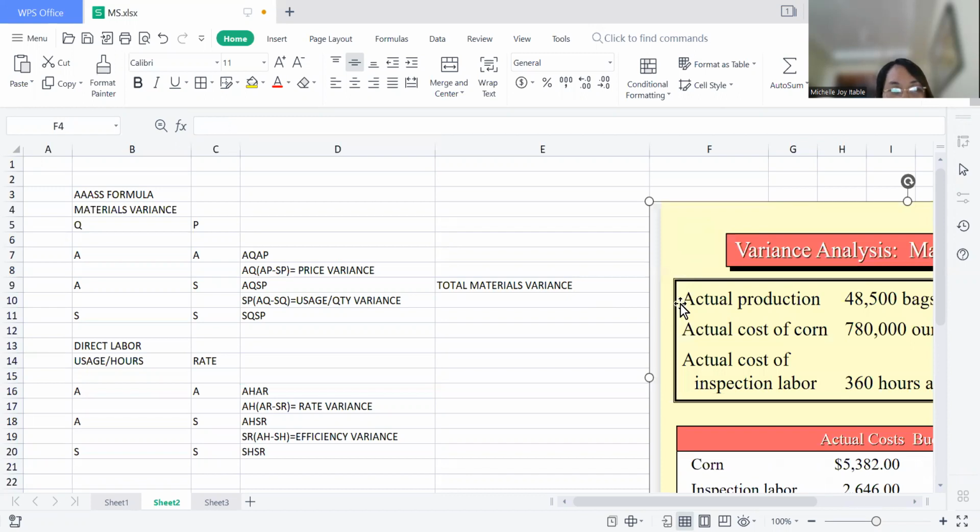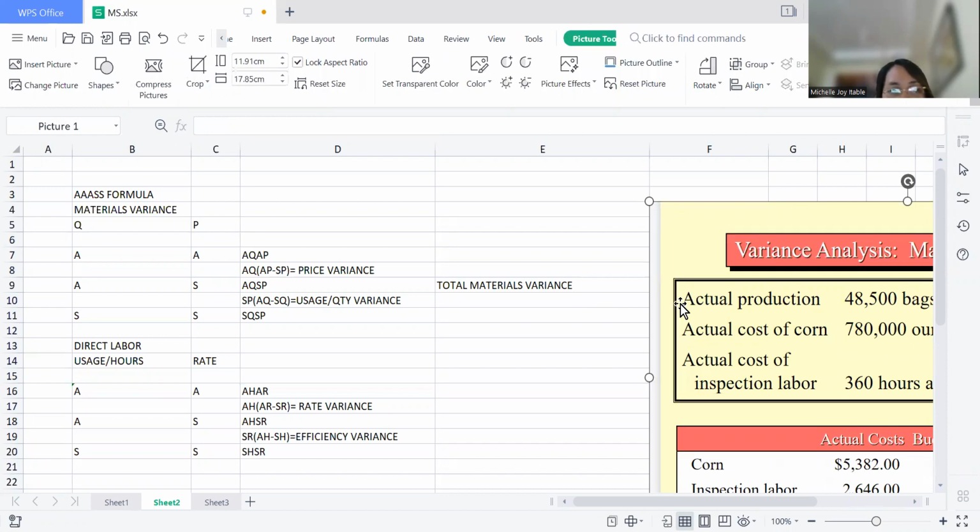Okay, so I will also take a screenshot of the standard cost sheet for the materials and for the labor.